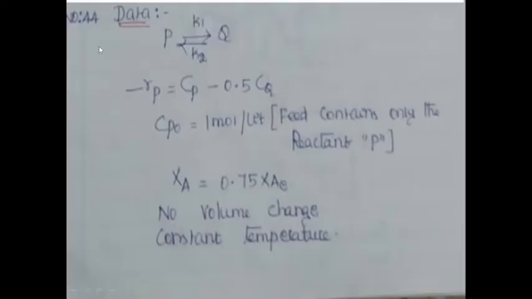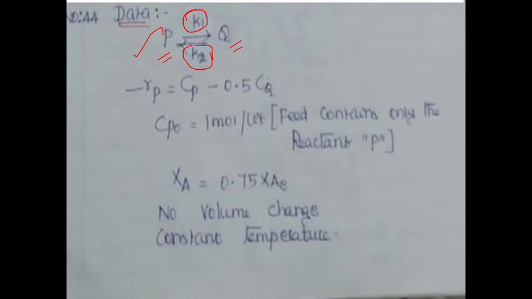So here is the data. P gives Q is the given equation. This is the liquid phase reversible reaction. Here K1 is the forward reaction rate constant and K2 is the backward reaction rate constant. P is the reactant and Q is the product.